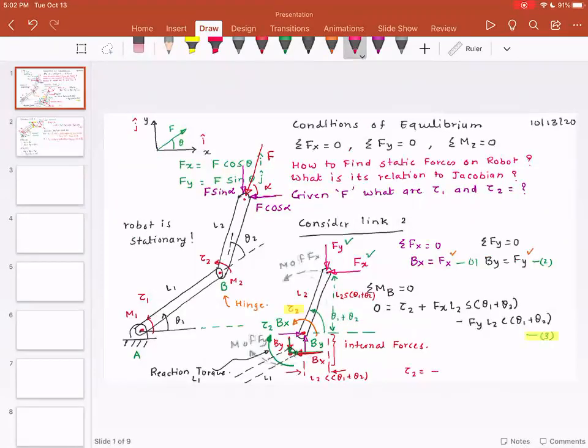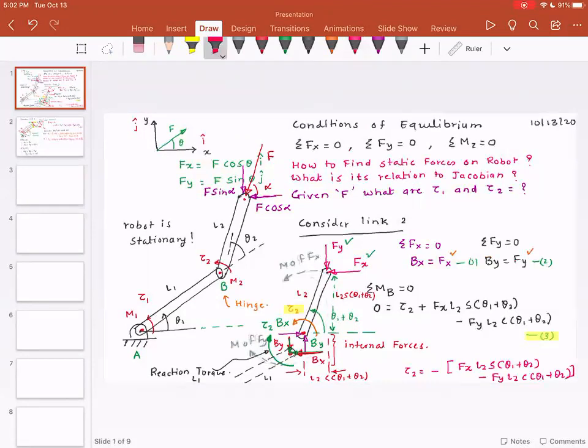Tau 2 is equal to minus f of x L2 sine theta 1 plus theta 2 minus Fy L2 cosine theta 1 plus theta 2.